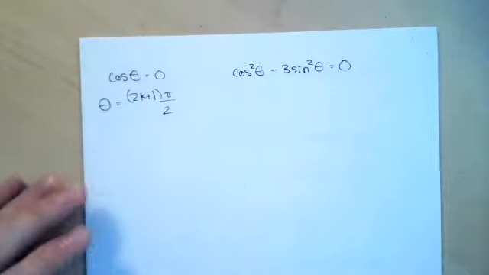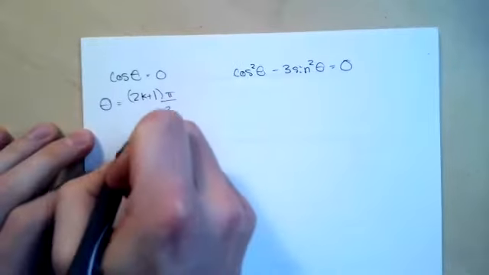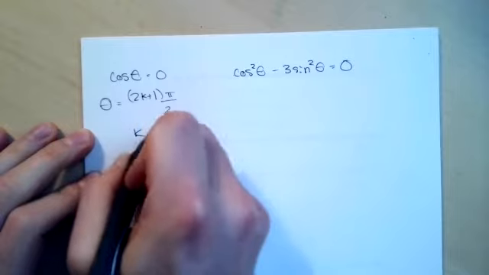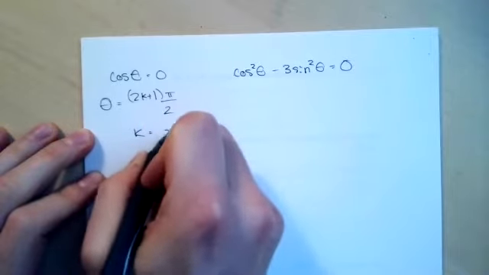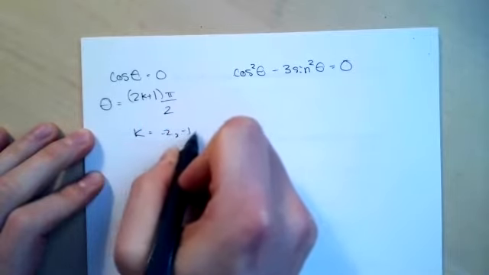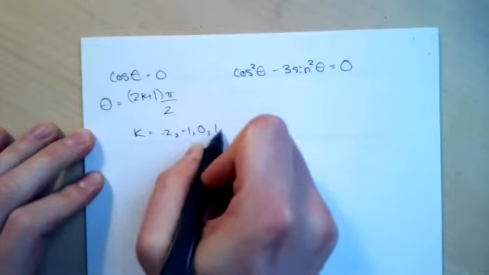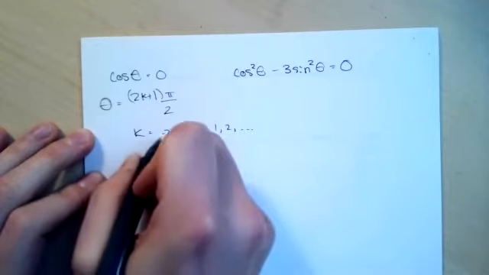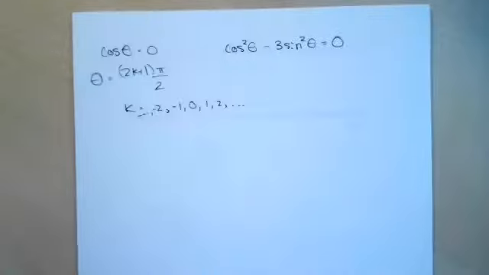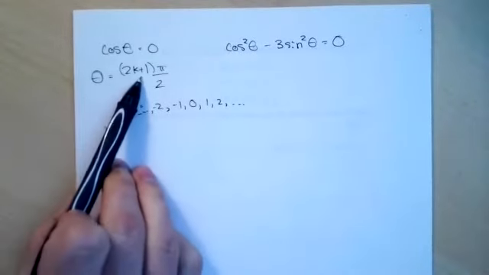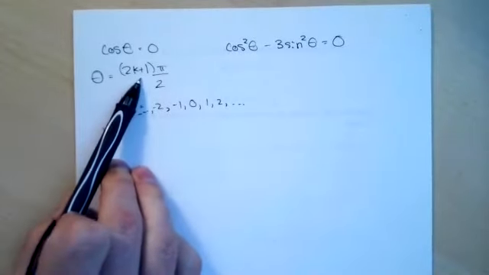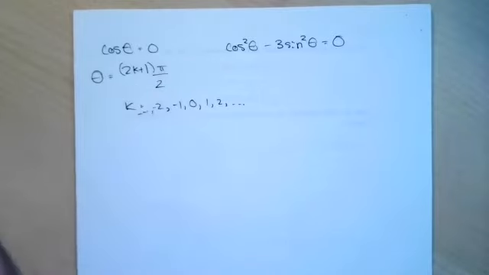Now that we know a bit more about sequences and series, we know that this is going to give us odd numbers. And then odd multiples of pi over 2. So 3 pi over 2, 5 pi over 2, 7 pi over 2. And of course, the negative values as well.